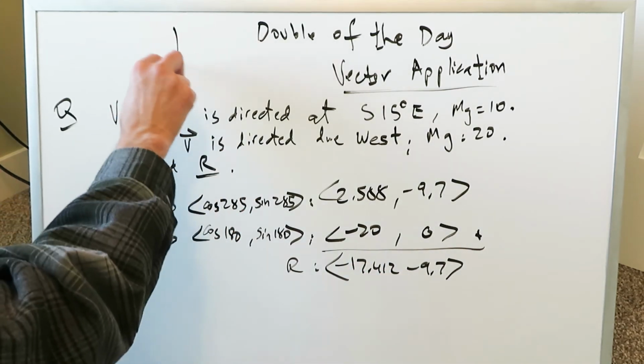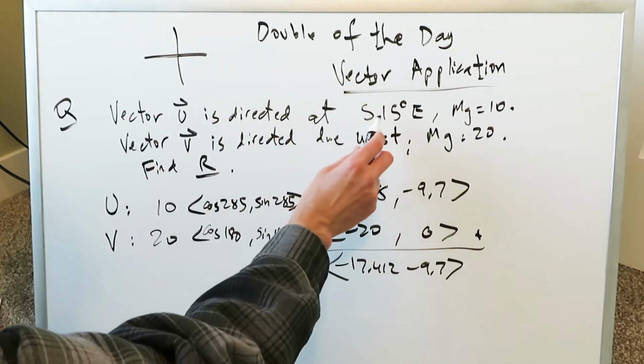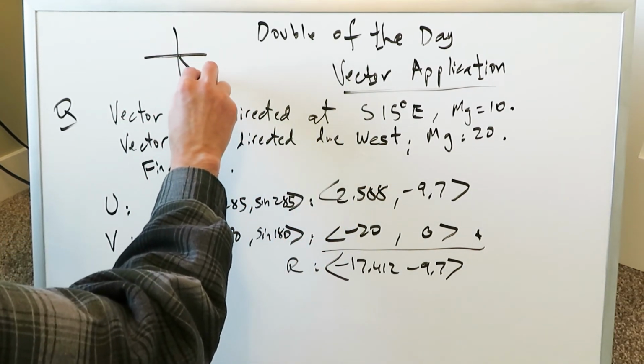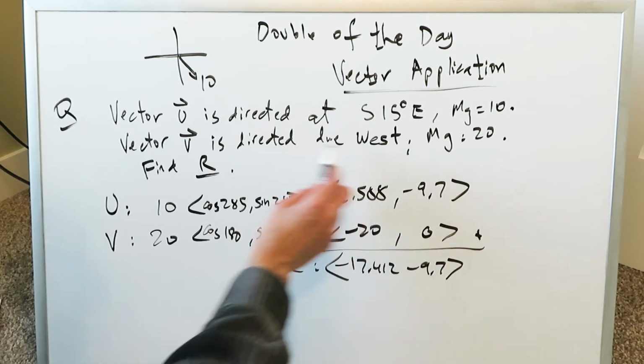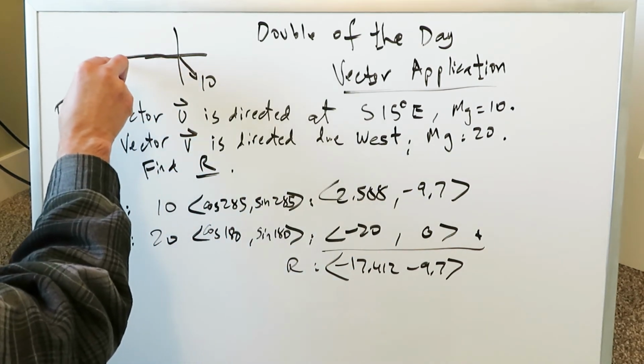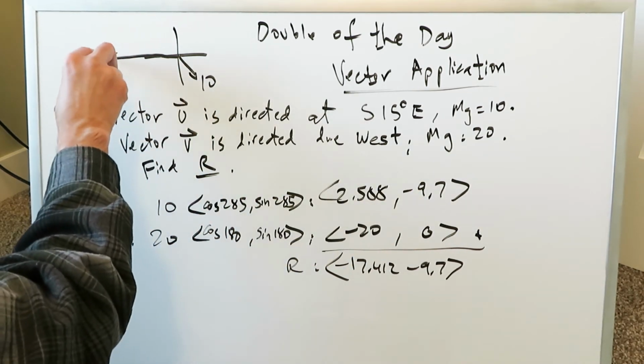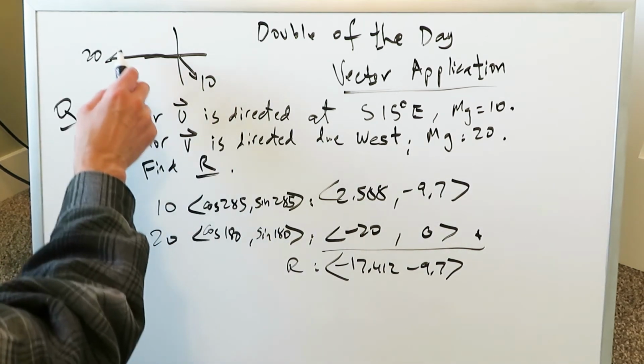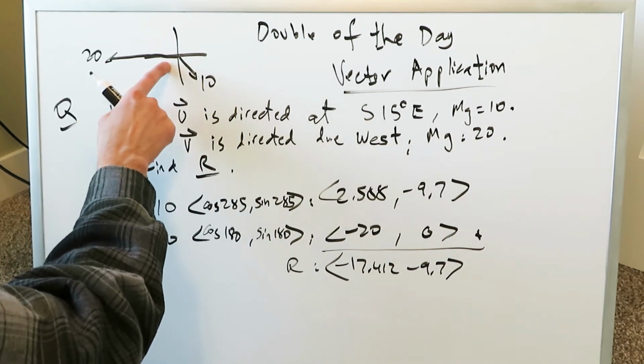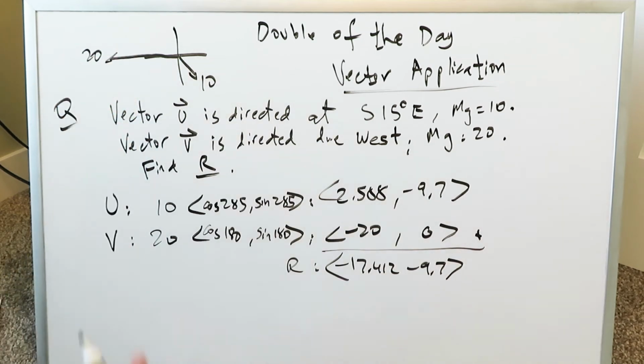To make this more meaningful, you can even graph it out. u is directed south 15 degrees east at 10 and vector v is twice as big. It's larger because it's 20 versus 10, so it's twice as long and it is directed due west. The resultant will be closer to this stronger, longer vector than to that one, but it'll be somewhere at an angle between these two.